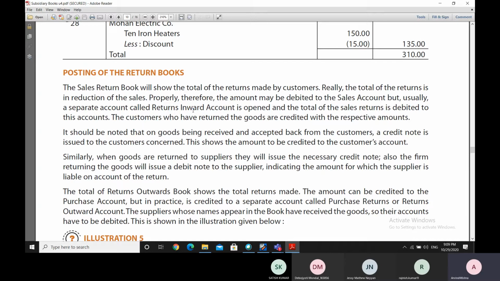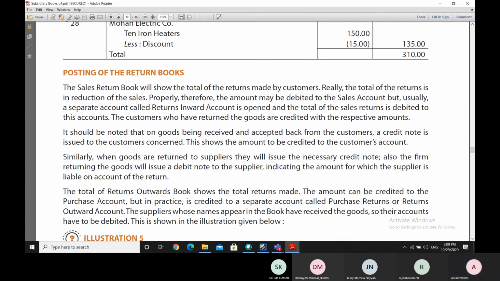Now the sales return book shows the total of how much of the sale which was made earlier has been returned back by the customers. Really, the total of the returns is to be reduced from the sales. Therefore, while entering something in the sales, we are crediting the sales account.